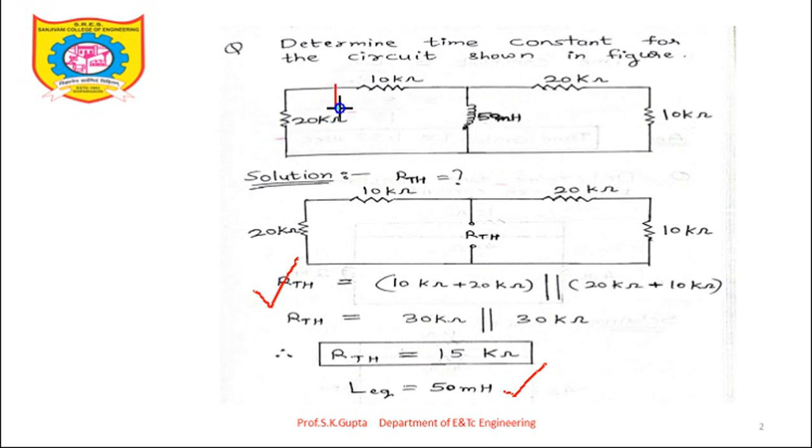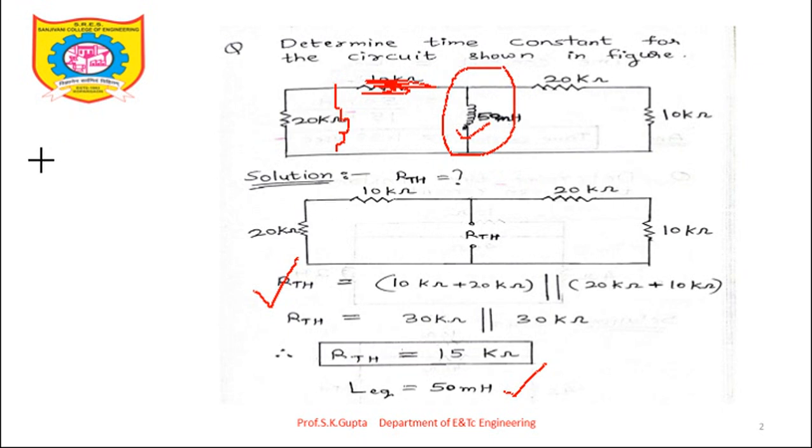Suppose one more inductor is connected like this, so we should ignore this resistance while finding out RTH. You can see that this inductor and this inductor are in parallel, and you should try to get the L equivalent. But in majority of the numerical, we will see just one inductor or only one capacitor. That's why L equivalent or C equivalent calculations are quite simple.